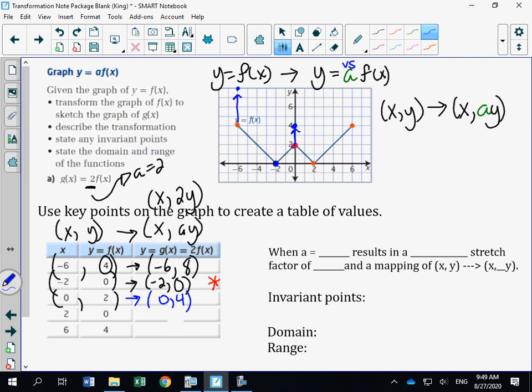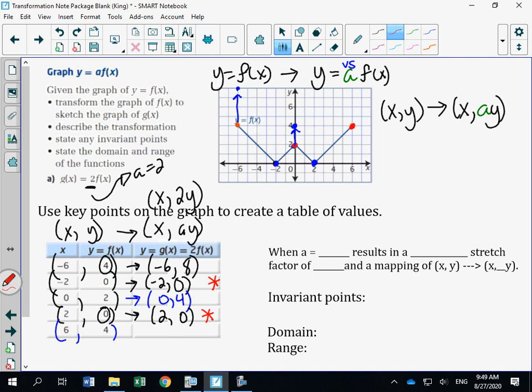Okay, let's go to 2, comma 0. 2, comma 0, that's going to be an invariant point because if you multiply 0 by 2, it doesn't change. Okay, so that new point stays here. And then our last point was 6, comma 4. So this guy right here is at 6, comma 4.